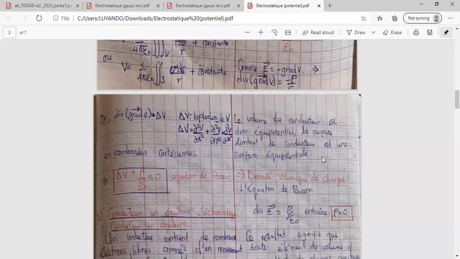So the lessons are really just for you to know where the formulas are coming from, like where Poisson's equation comes from, where divergence of E equals rho over epsilon 0 comes from. But I'll try to summarize the important formulas rather. I think all of them are important, not the derivations, but the actual formulas. And I'll try to send them in the group and we'll see how we move from there.